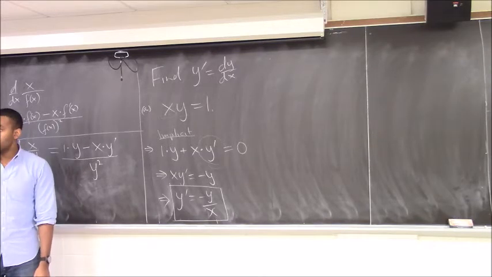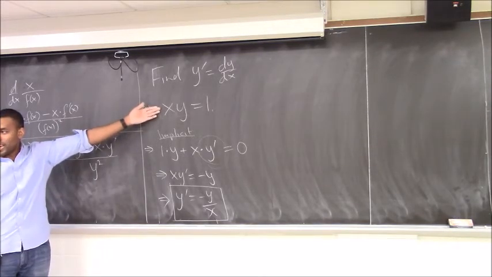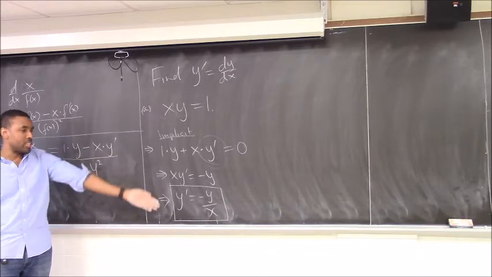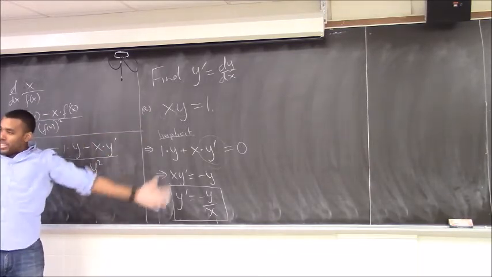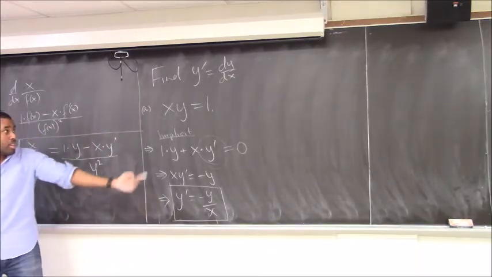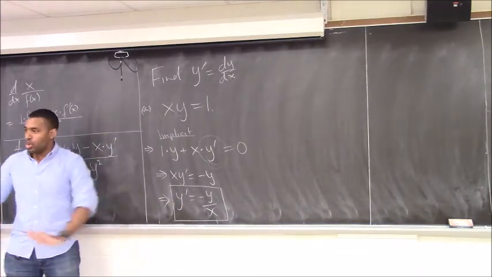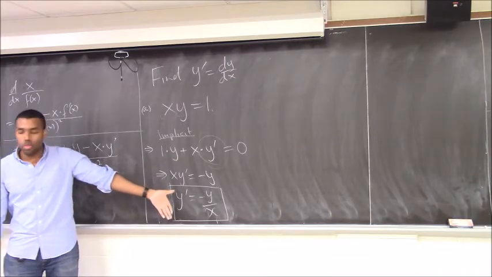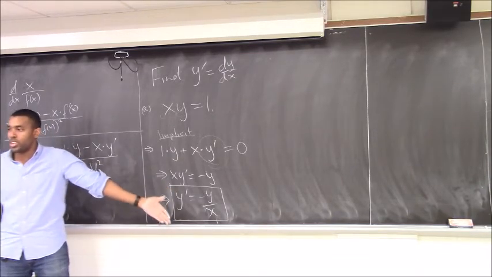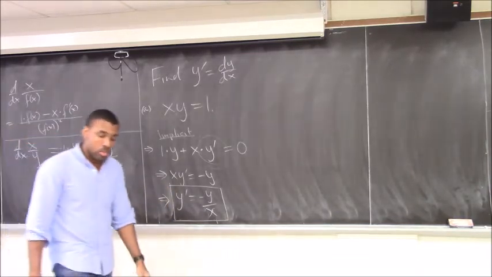Oh no, because it equals 1. We know this fact, so we know that our x is not 0. So I can divide with wanton abandon. I know it's never going to be a problem, because if x were 0, there's no way this would give me 1. So this division here is well defined. This derivative will make sense everywhere the function itself is defined. So I don't really have to worry about that.